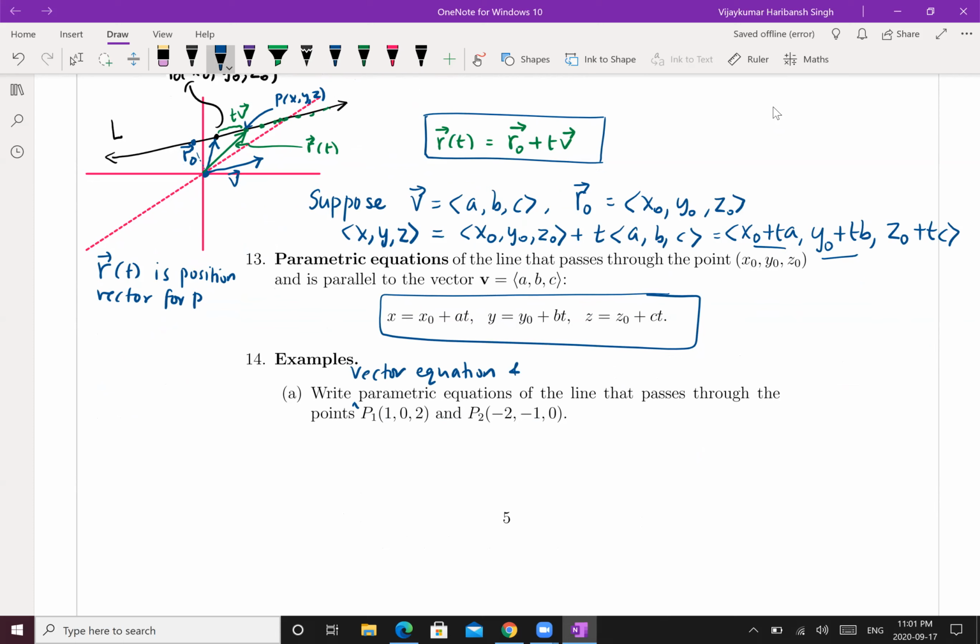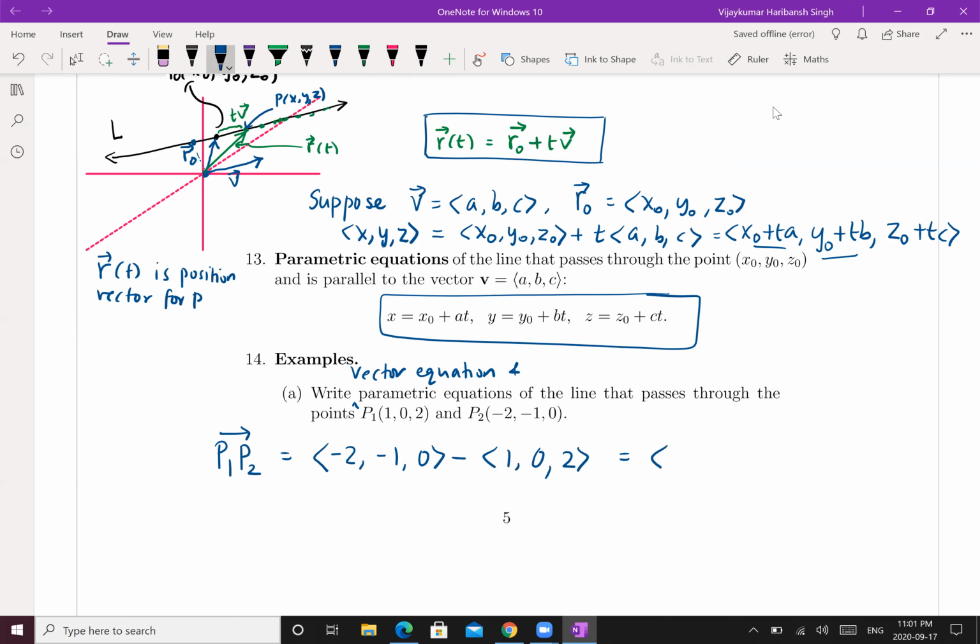So for the vector equation, we need what? The line passes through these points, right? So the vector v, in the direction of the line, using the same notation as above, can be taken as P1P2. So P1P2 is going to be (-2, -1, 0) minus (-1, 0, 2).